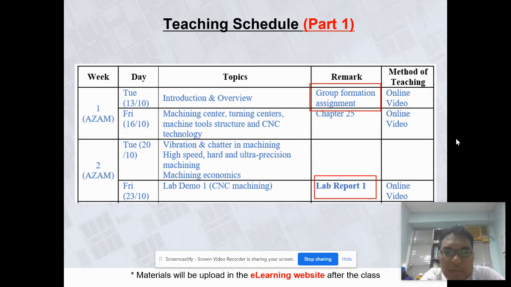Part A covers the machining center, turning center, machine tool structure, and also CNC technology. The second part, which I call part B, covers vibration and chatter in machining and the problems in the machining process. It also covers the types of machine centers we have, basically high speed, hard, and ultra precision machines, and finally machining economics, which involves some calculations for you to know.